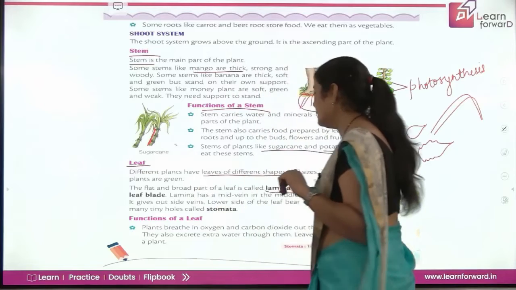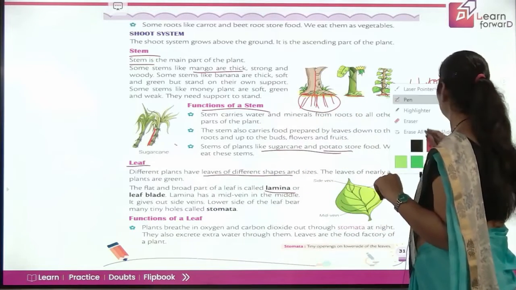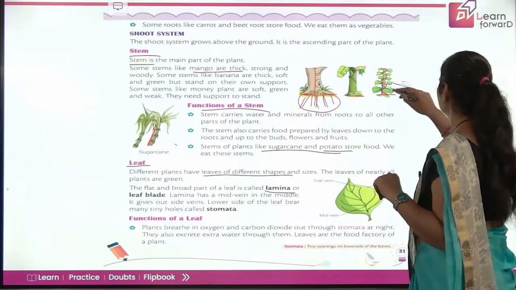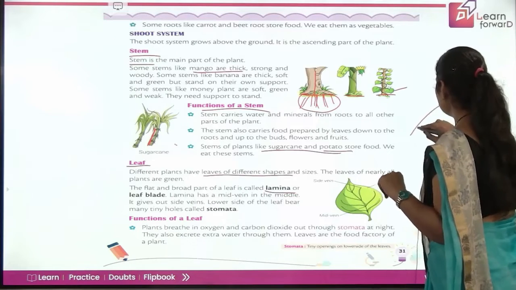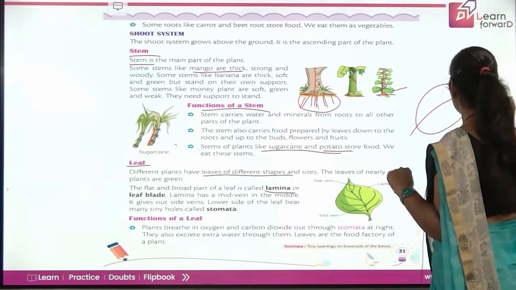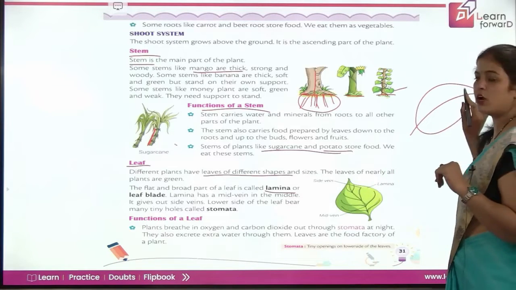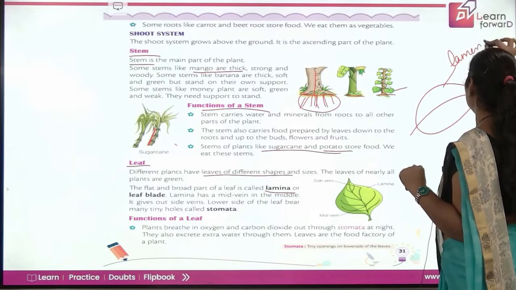Lamina has a midvein in the middle. So where to draw it? Wait, I will draw it here. So this is a leaf. This entire flat surface is called lamina or leaf blade.